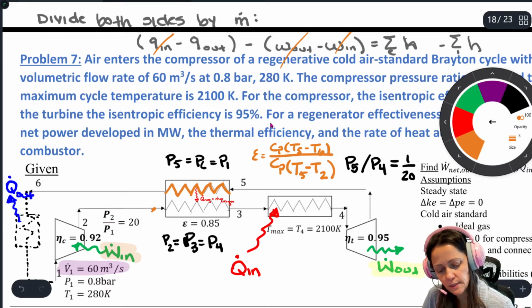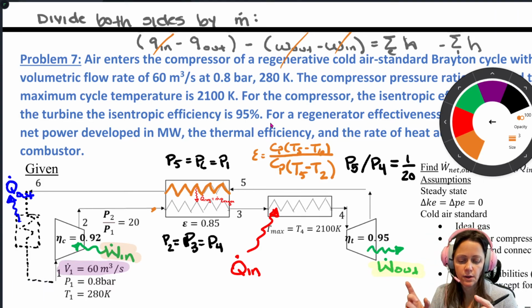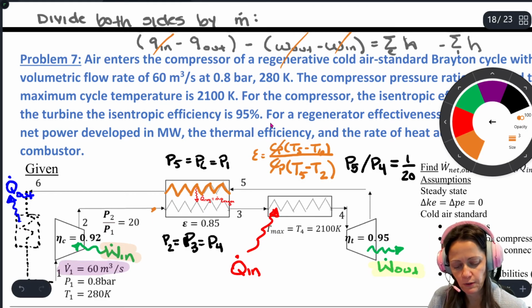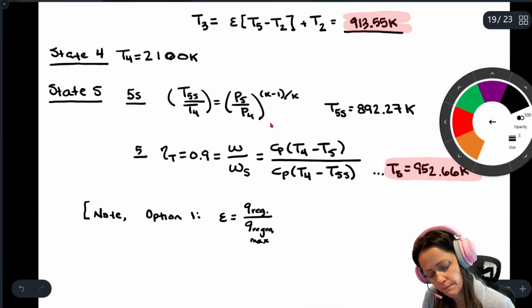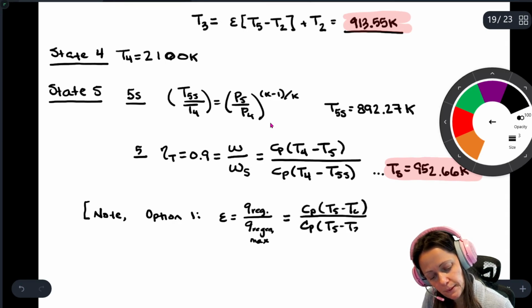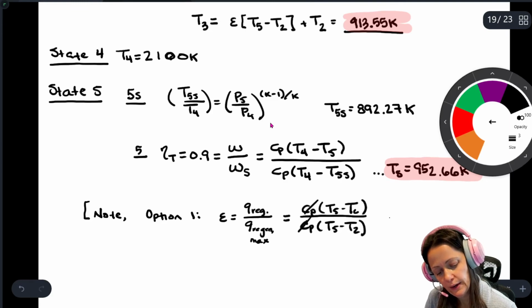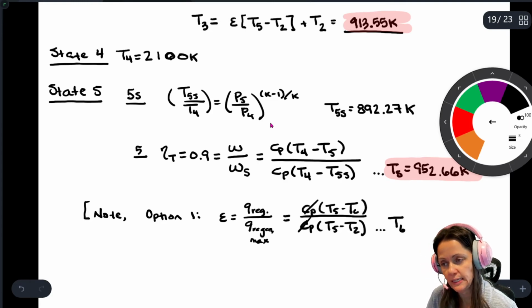So T5 minus T6 over T5 minus T2. So 5 minus 6, 5 minus 2. Okay. All right, and so if I did that, I would get a T6 of 731.05 Kelvin.